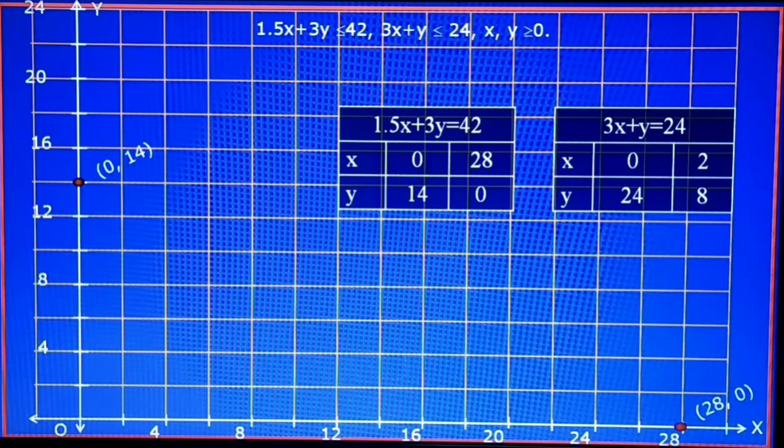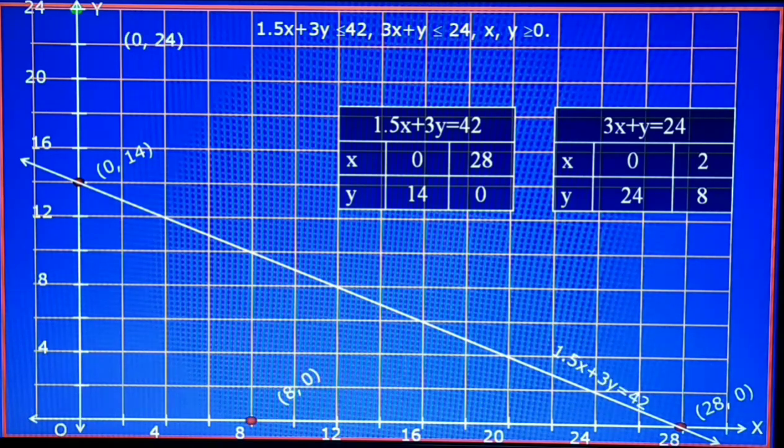Mark the points which we have got from equation 1. Through these 2 points, draw a line. Mark points which we have got from equation 3x plus y is equal to 24. Through these 2 points, draw a line.